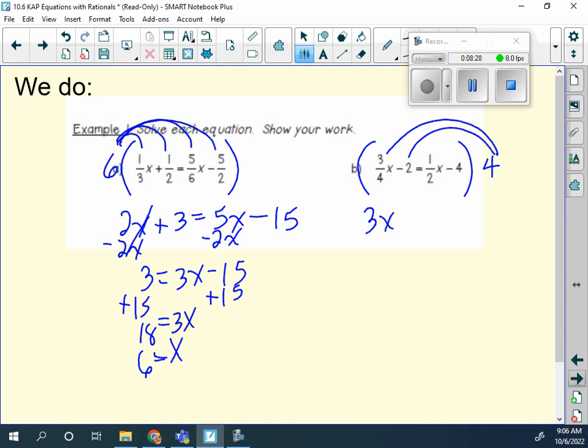Now what? Would be good. Then what? Would be 2x, and then negative 16. And then we just solve from there. Good.